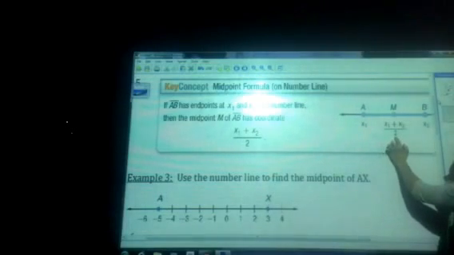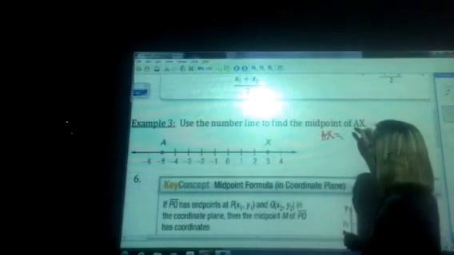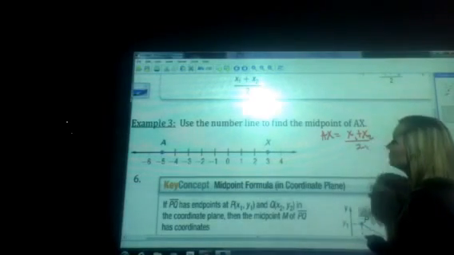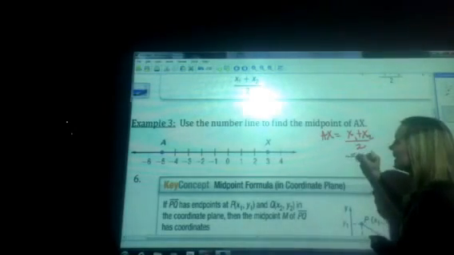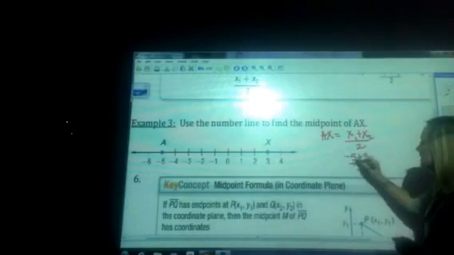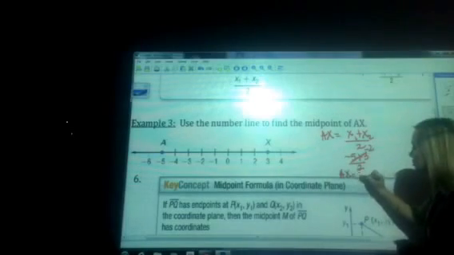So if we now look at this example again and say use the number line to find the midpoint of AX, then we would have AX is equal to x1 plus x2 divided by 2. Okay, so that would give us negative 5 plus 3 divided by 2, and negative 5 plus 3 would give us negative 2 divided by 2, so AX would be equal to 1.